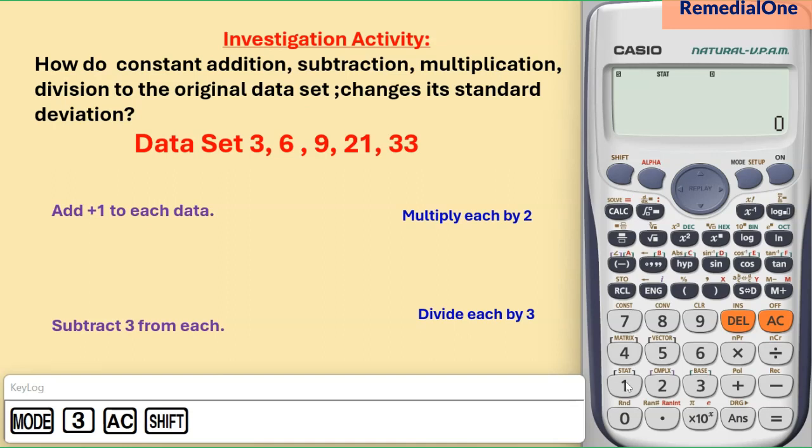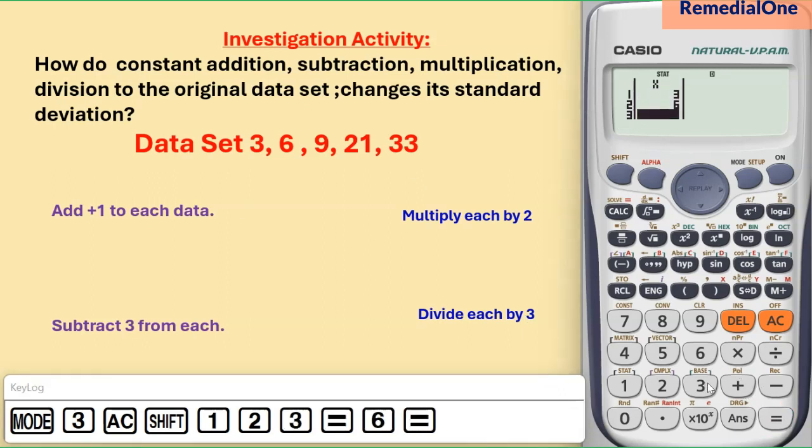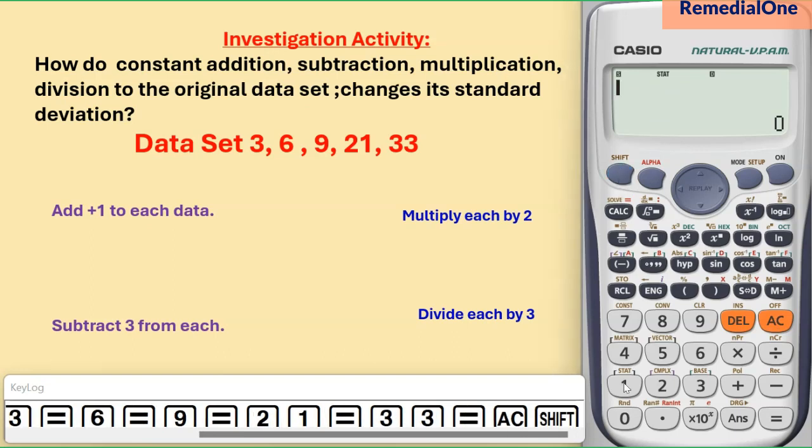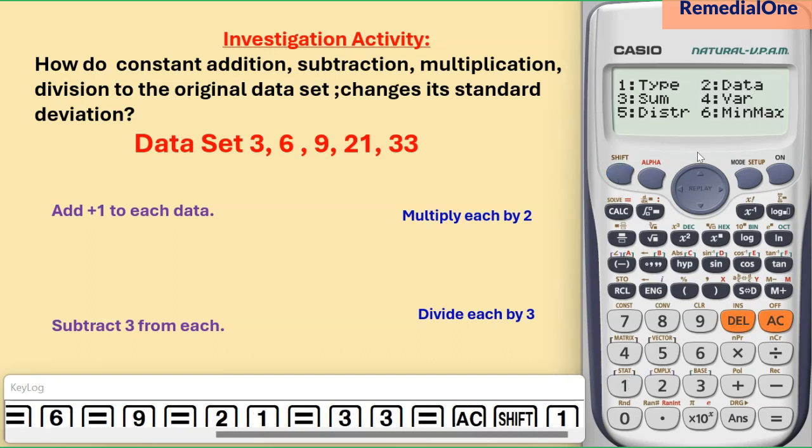So you go to shift, go to option 1, and we go to option 2 to enter our data. So we have the data over here. Let's go ahead and enter them. After that, we move away with the AC. We come back to shift, option 1, and select the variation.